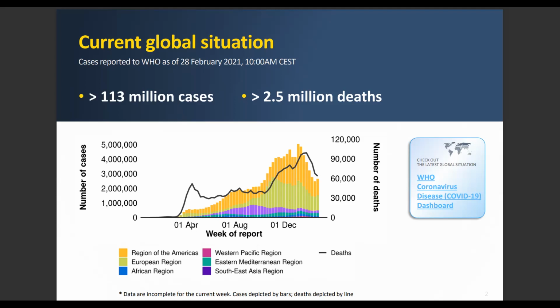Around April, there are comparatively fewer cases. Then around December 1st, there are more cases. Comparative to that, the deaths are somewhat higher at the very beginning rather than the periods after that.